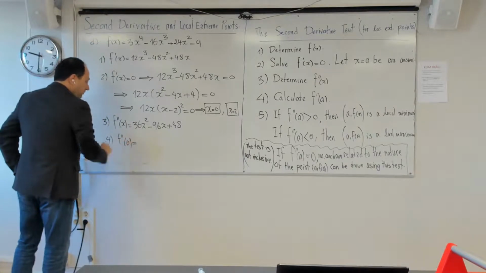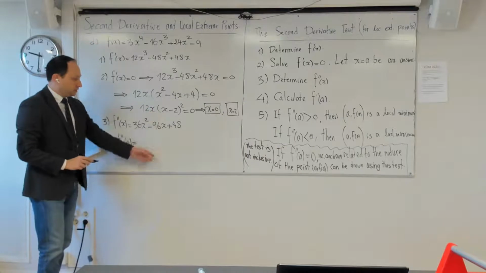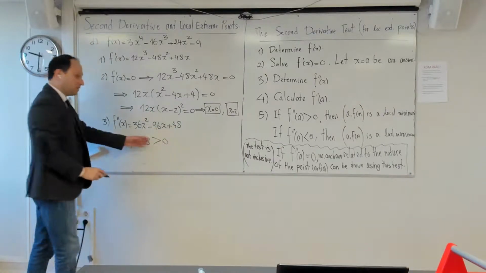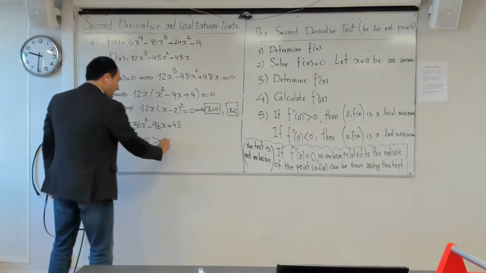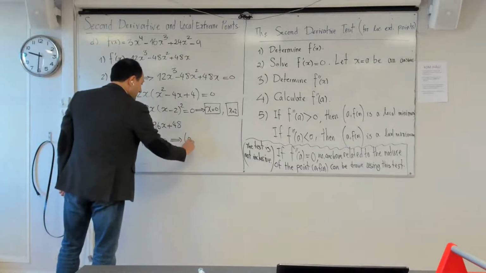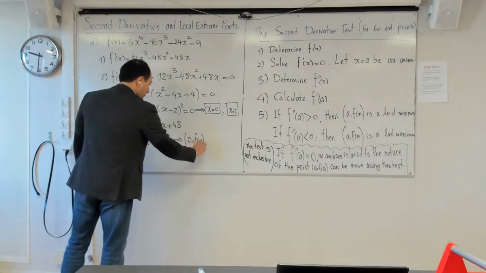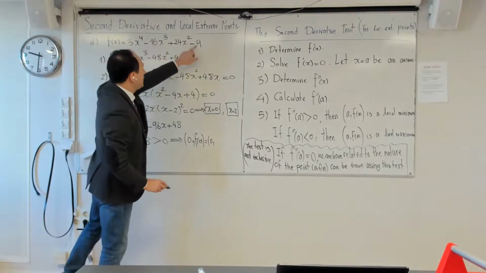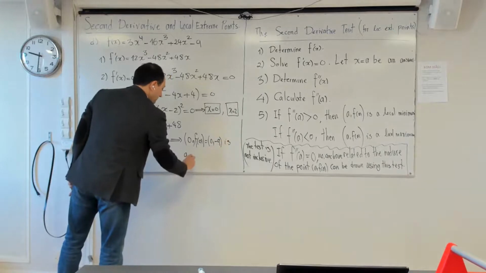F double prime of 0, I need to replace x with 0. Very simple. 48. And I am lucky because it is not 0, it's positive. So I can draw a conclusion immediately. I can say that the point 0 and f of 0, which is (0, minus 9), is a local minimum.